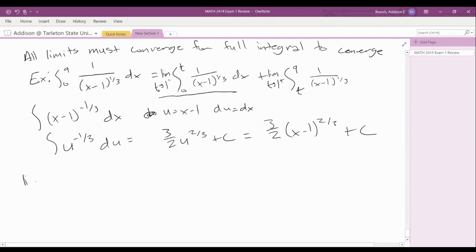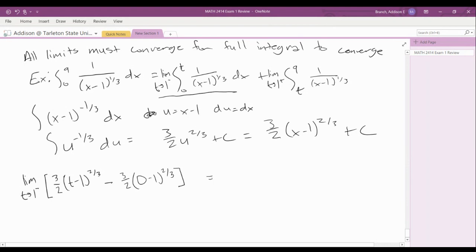If we have the limit as t approaches 1 from the negative of 3/2 times t minus 1 to the 2/3 minus 3/2 times 0 minus 1 to the 2/3.